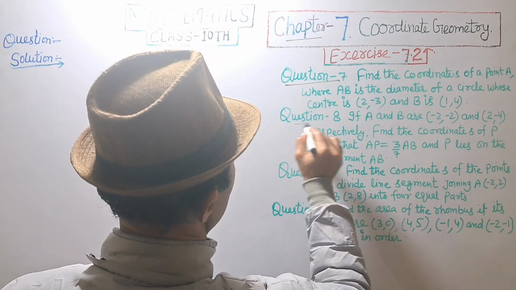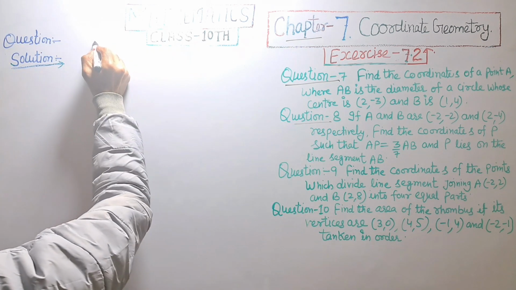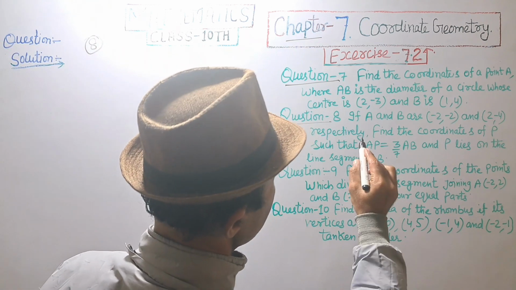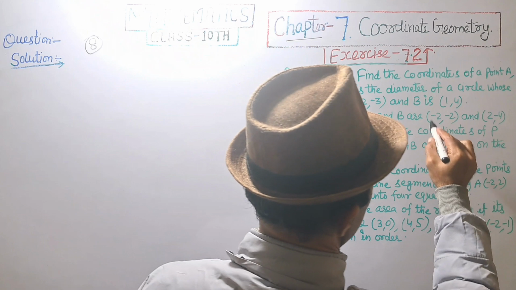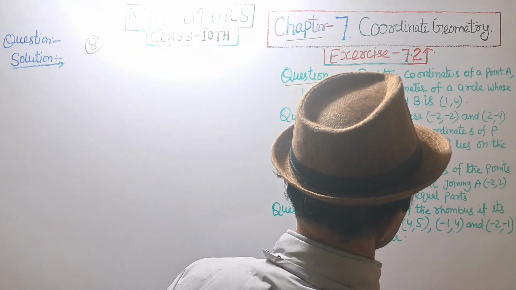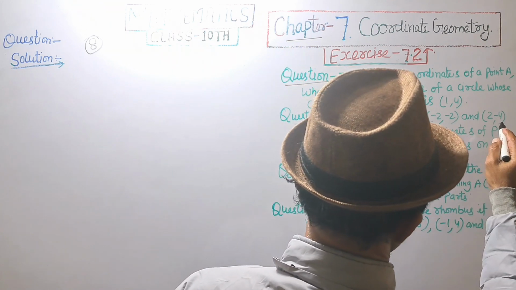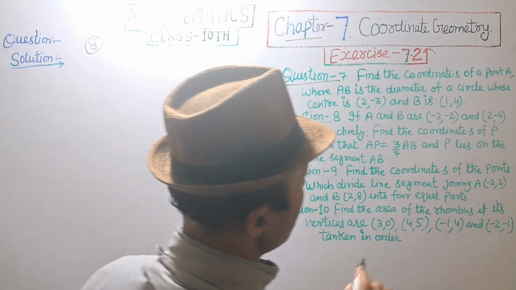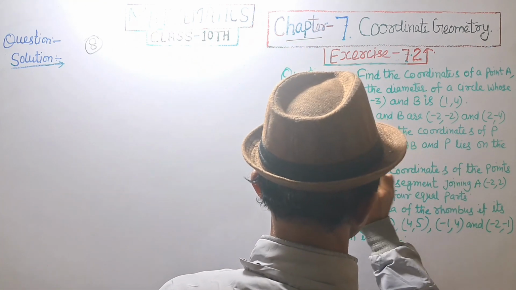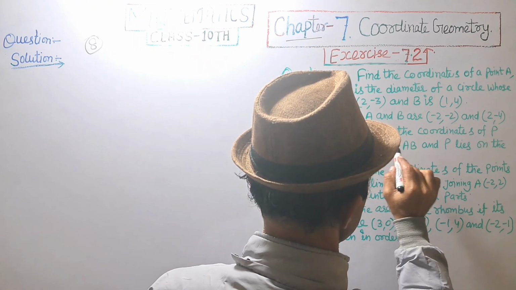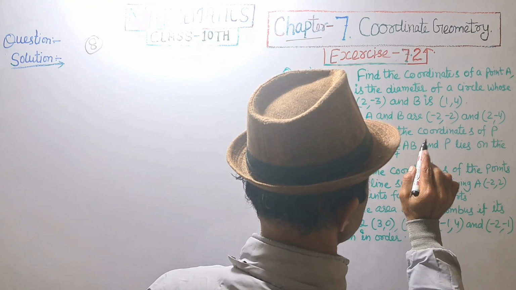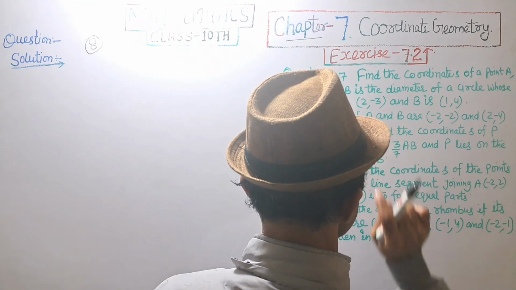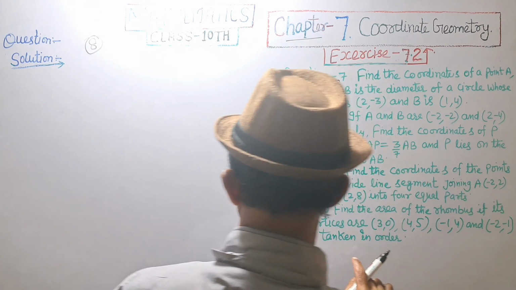Answer. Question number 8. If A and B are (-2, -2) and (2, -4) respectively, find the coordinates of P such that AP is equal to 3/7 times AB and P lies on the line segment AB.